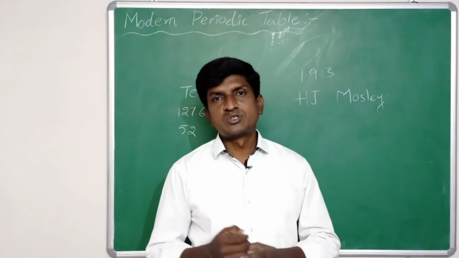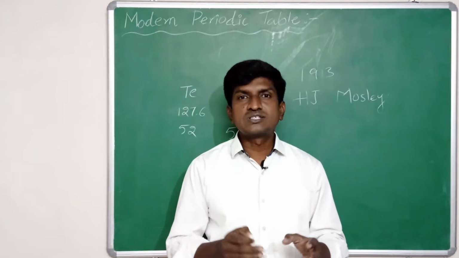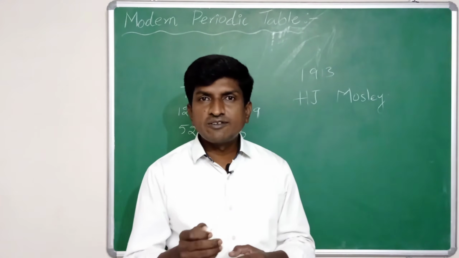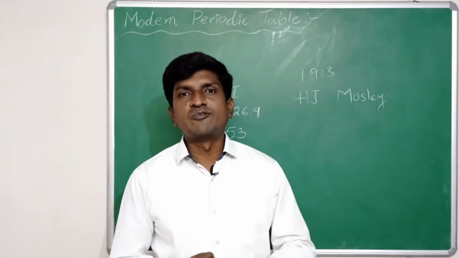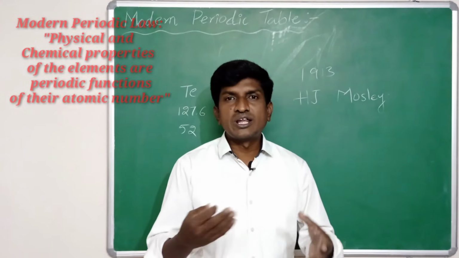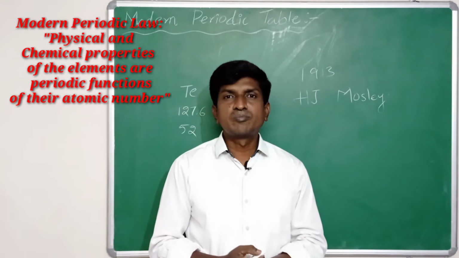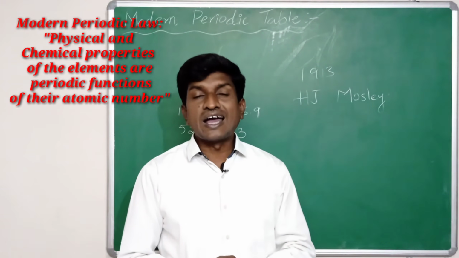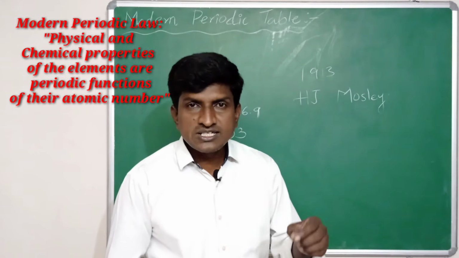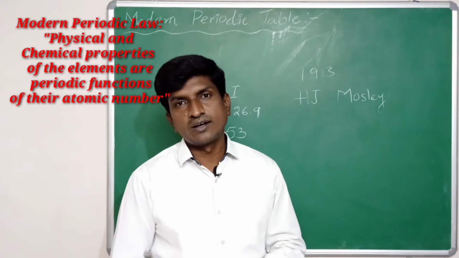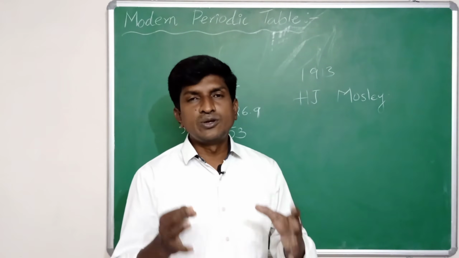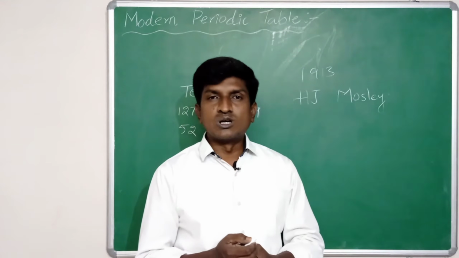According to Mendeleev's periodic law, the properties of elements are periodic functions of their atomic weights. The modern periodic law states that the properties of elements are periodic functions of their atomic number, and based on this modern periodic law, the new arrangement of elements was done.